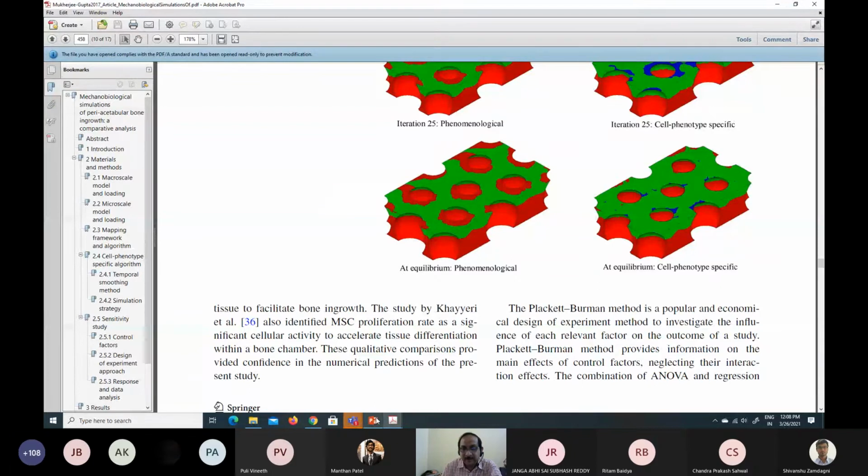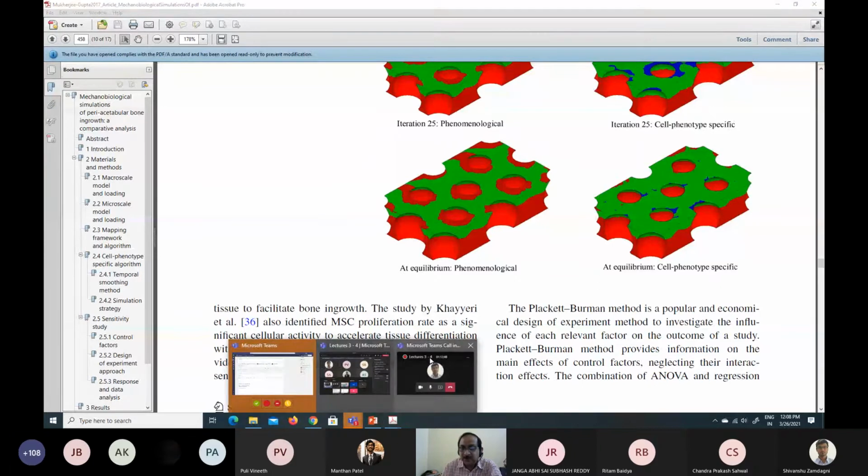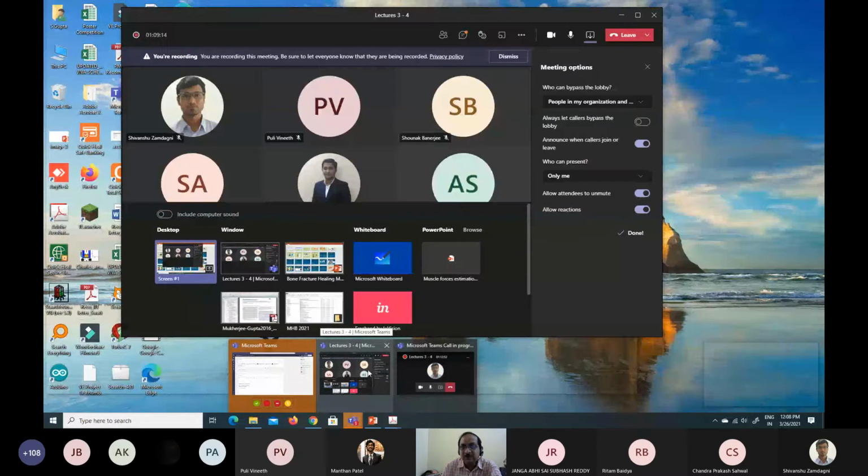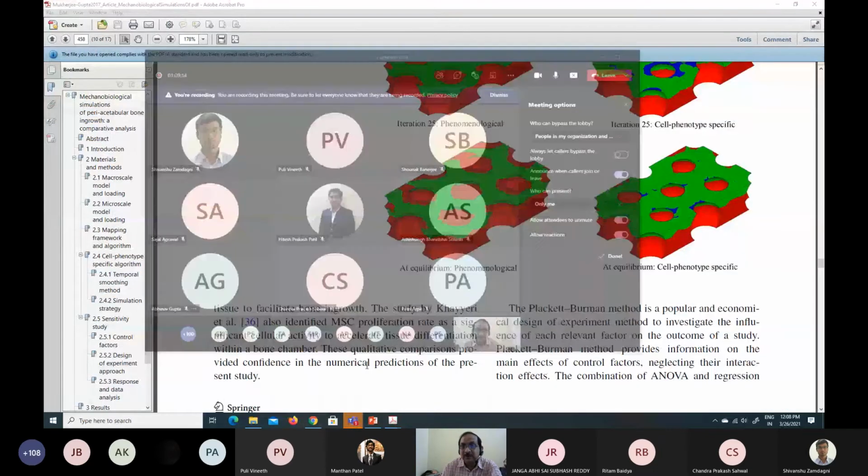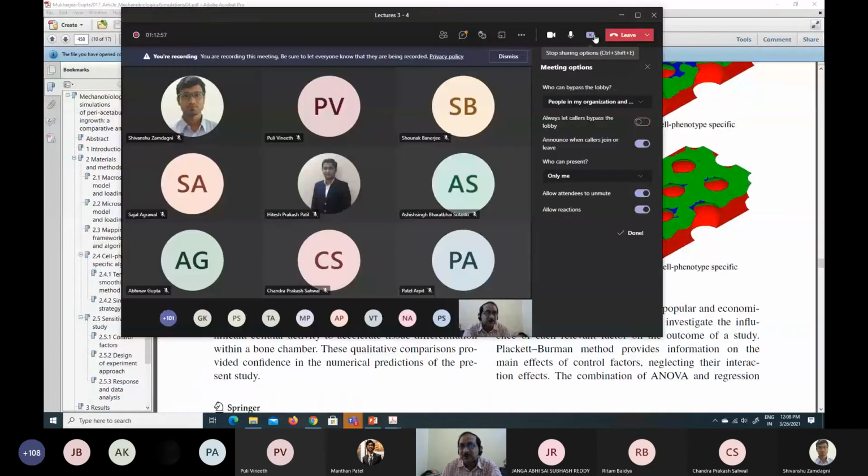Unless you see these results, you do not get a feel for the whole thing. Just looking at equations will not trigger interest, isn't it? Equations are sometimes quite boring, isn't it?